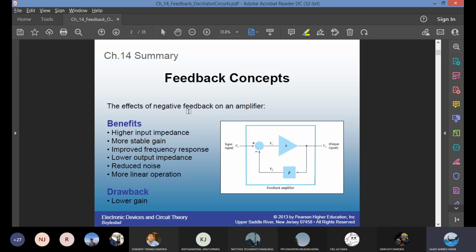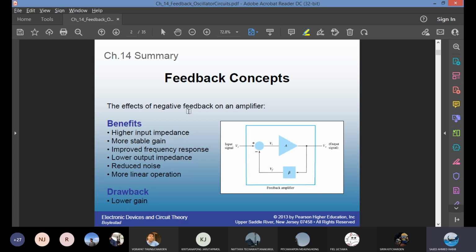The reason for providing negative feedback is to compare the output with the desired output. You desire something, you take the output, compare, and if you need some adjustment to keep it maintained, you compare with an input signal. There will be some calculation, and by adjustment you will get the proper output.